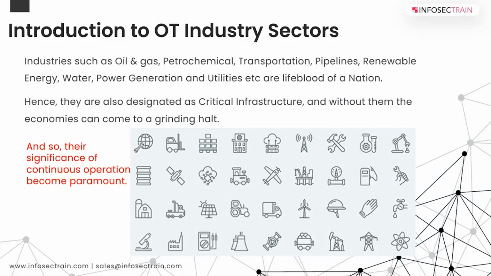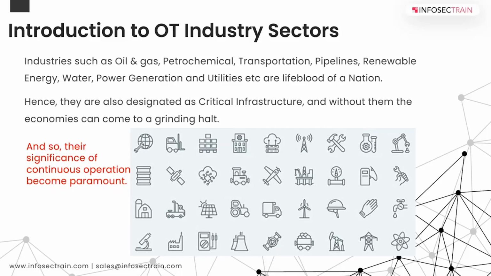Before we go into the OT cybersecurity aspects, it is important that we know what the industry sectors are where OT is applied, right? Industries such as oil and gas, petrochemical, transportation, pipelines, these are the lifeblood of a nation, and hence they are designated as critical infrastructure.